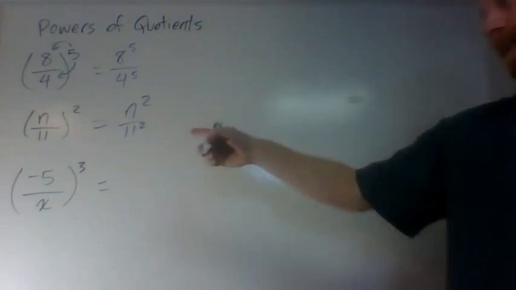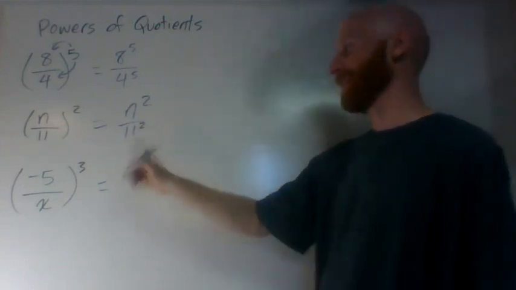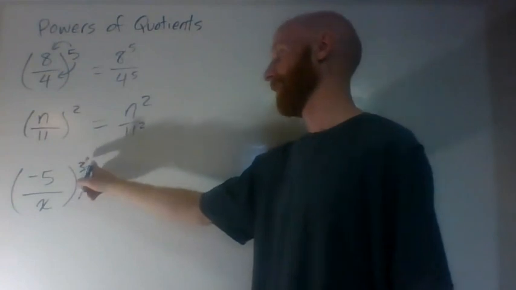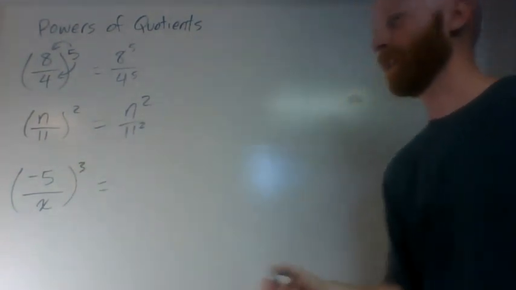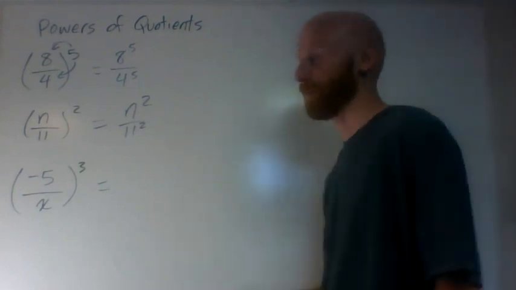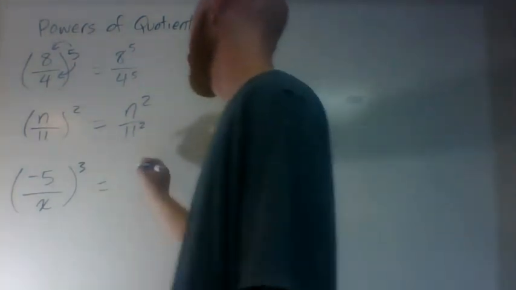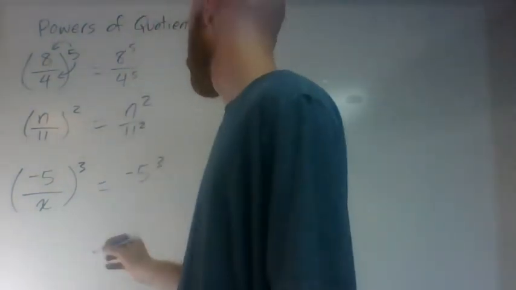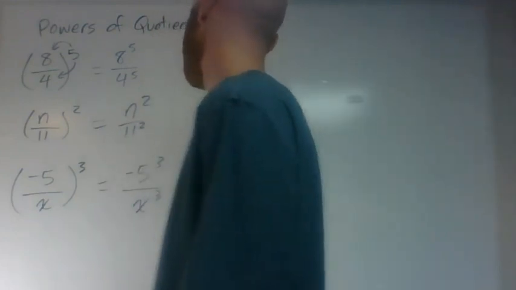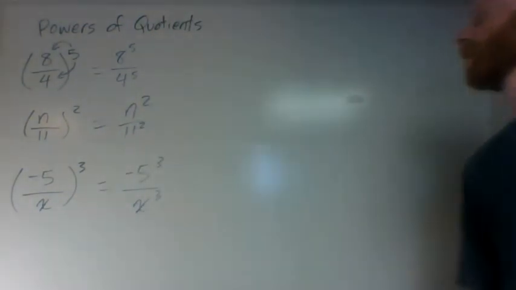N squared over 11 squared. All right, and this last one, remember, negative value inside of parentheses. The final result will be negative if the exponent is odd, positive if the exponent is even. So in this case, negative 5 taken to the third power will still be negative 5 to the third over x to the third. All right, that's how it works.